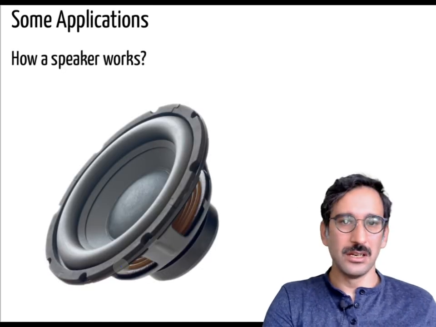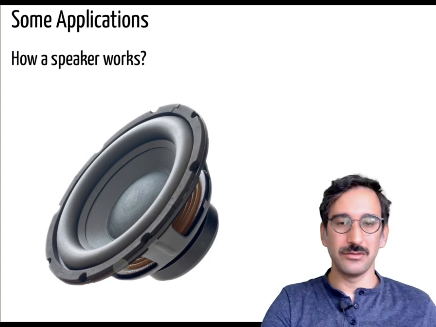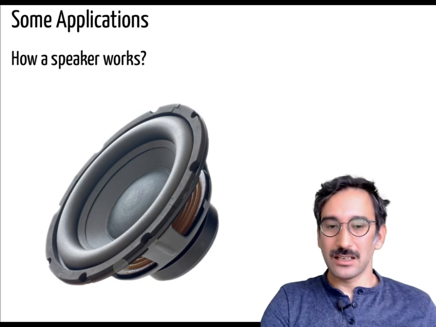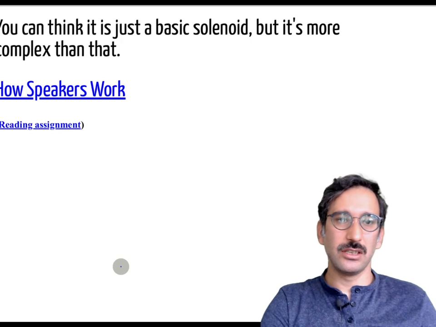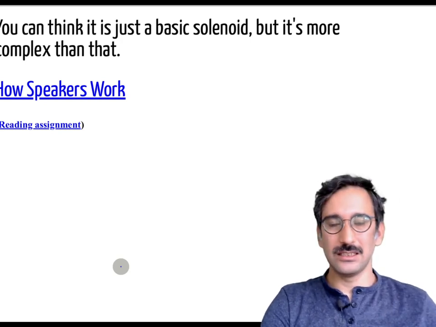The first one: everyone is probably listening to this video using a speaker, and they are kind of simple, right? You can think it is just a basic solenoid, but actually it is more complex than that. In the web page I have an animation showing that one.